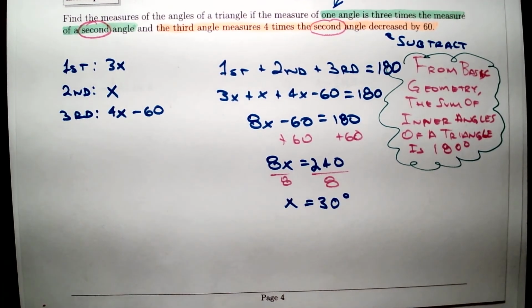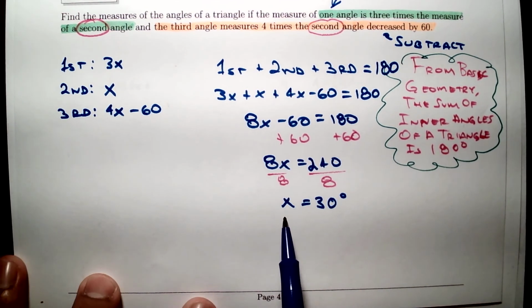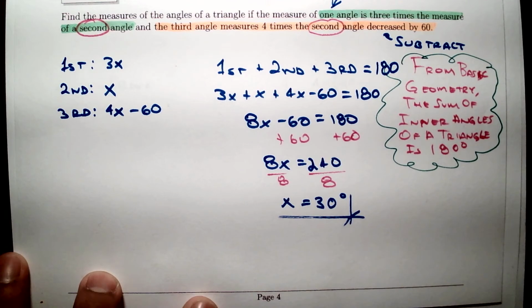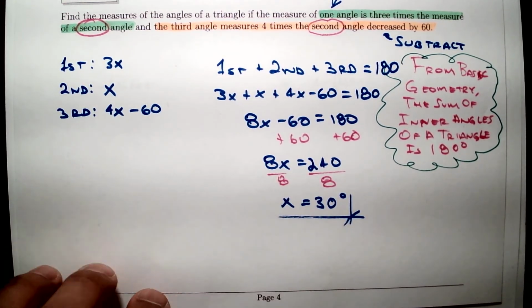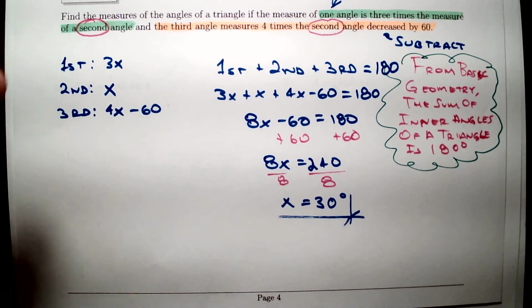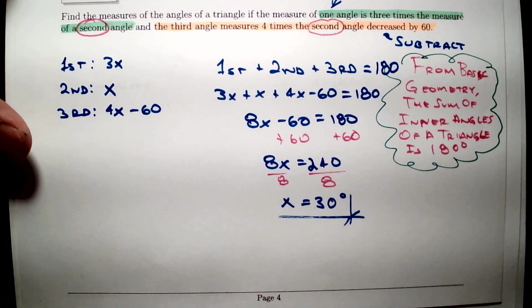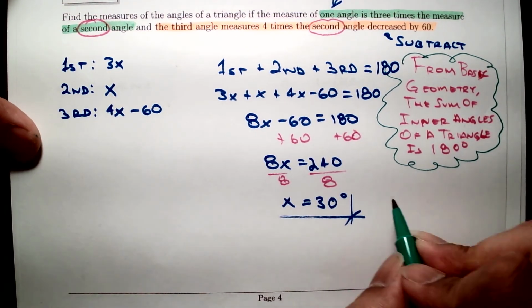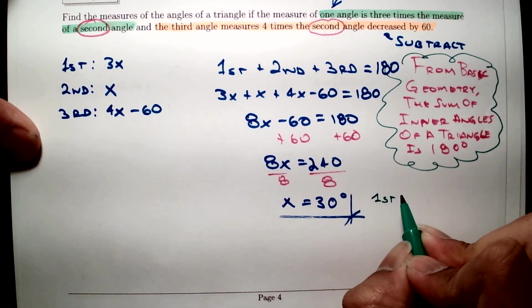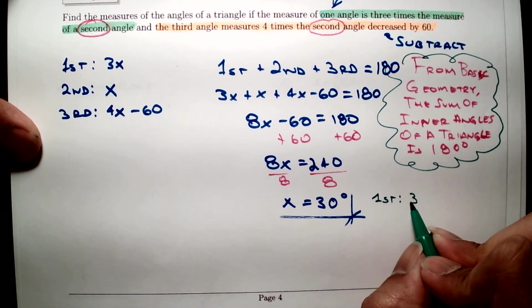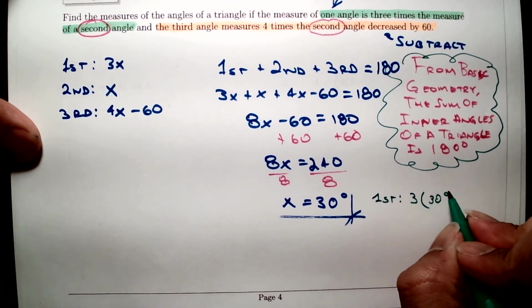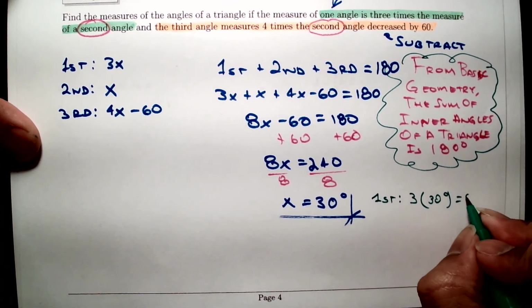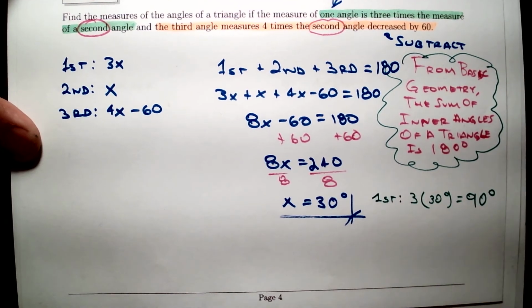If you want to use the degree symbol, that's fine. Okay, so in this case, this is not yet the final answer. We need to go back and check in with this setup that we have. So how do we do that again? The same way. First angle, 3 times x, which is 3 times 30, and that's 90 degrees.